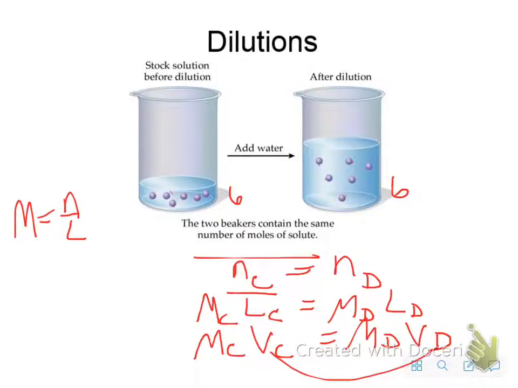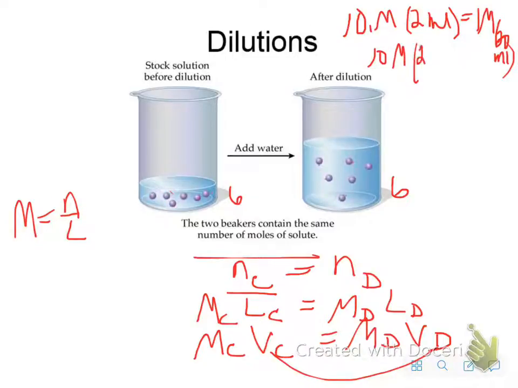Let's say I have 10 molar, and I have 2 milliliters of it, and I am diluting it to 1 molar, and I get 20 milliliters of the dilute solution. If I take that 10 molar and multiply it times the volume, and I change this to liters, I'm going to divide it by 1,000 milliliters per liter. I do that on both sides.